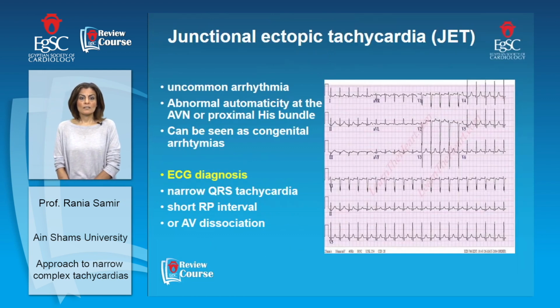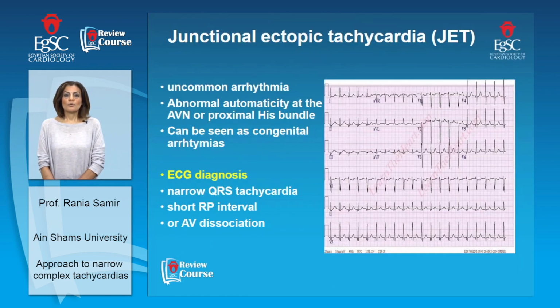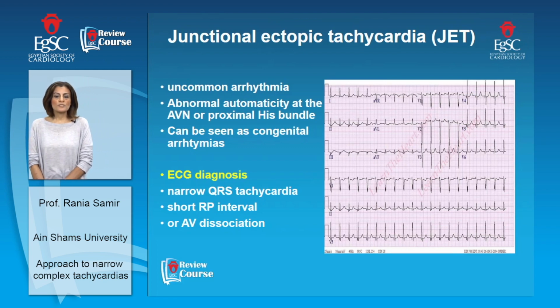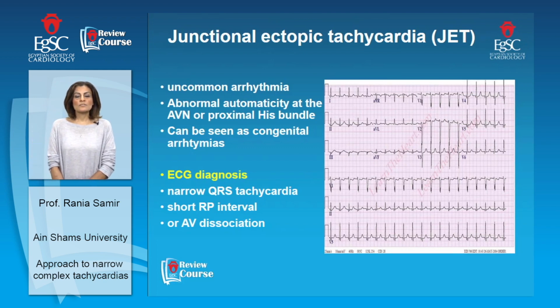The last AV junctional tachycardia we are going to talk about is the junctional ectopic tachycardia. It's a very uncommon and very rare arrhythmia. We only see it in the neonatal or pediatric age group. It's very rare in adults, and it's caused by abnormal automaticity of the AV node or the proximal His bundle.